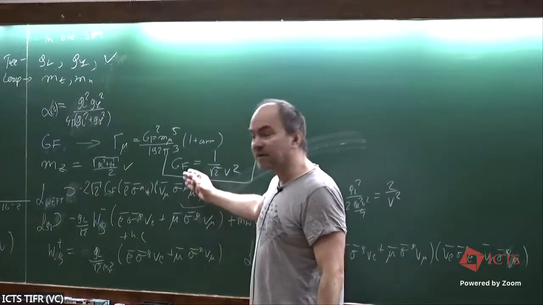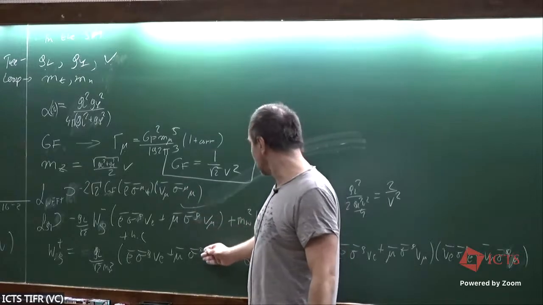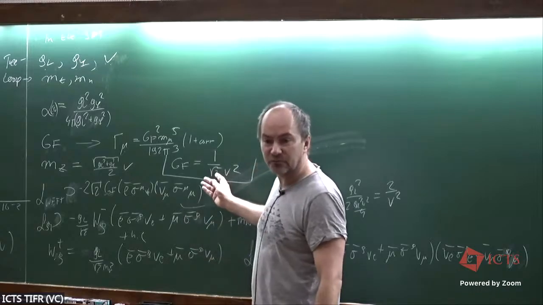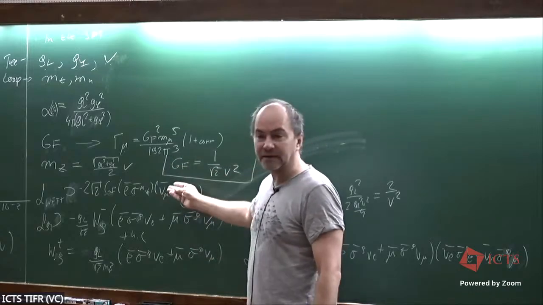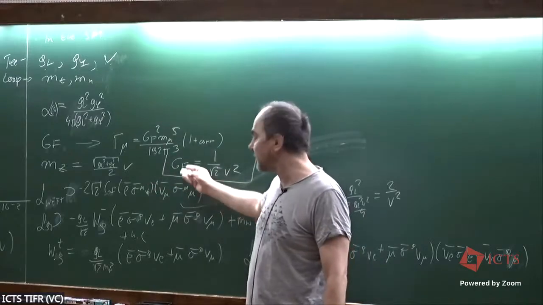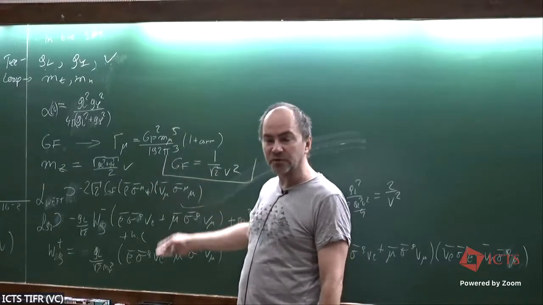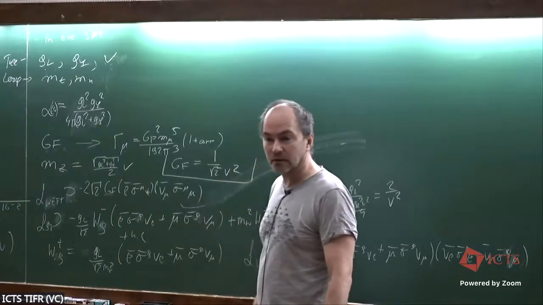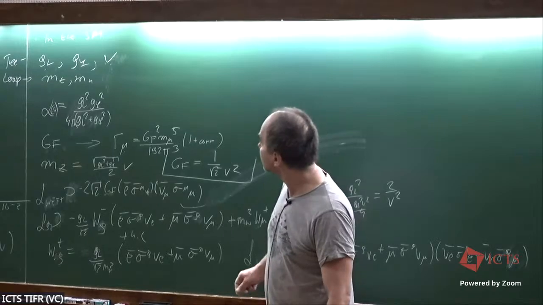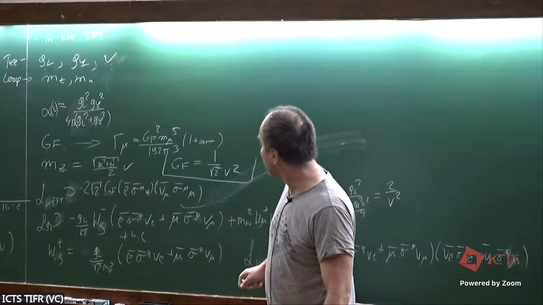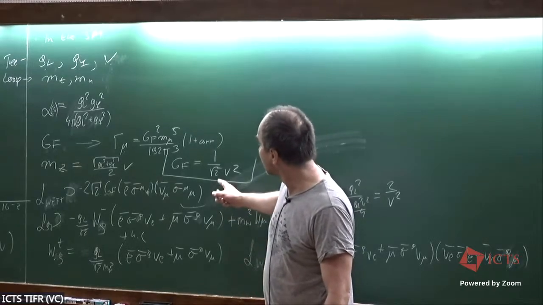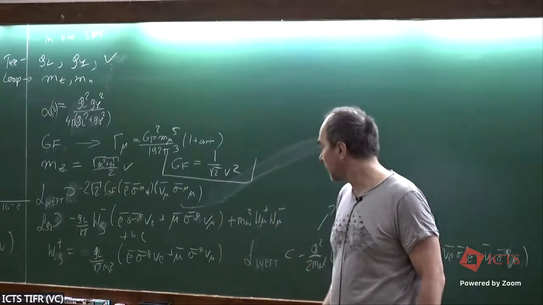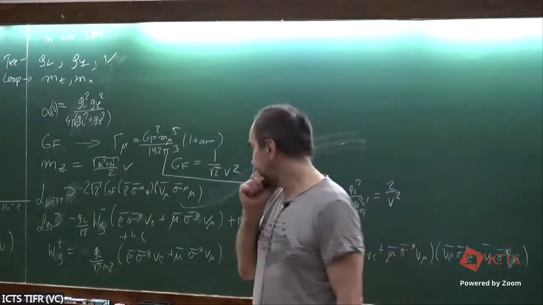You would have to integrate it out, and it would go again into the definition of V. What you're talking about is a small effect that is not very important, the log of MT squared over MB squared for GF.